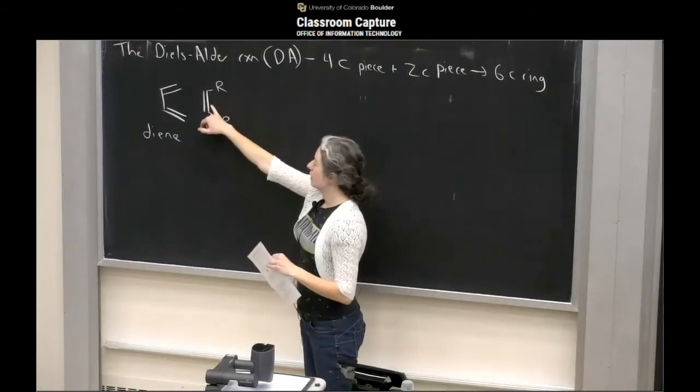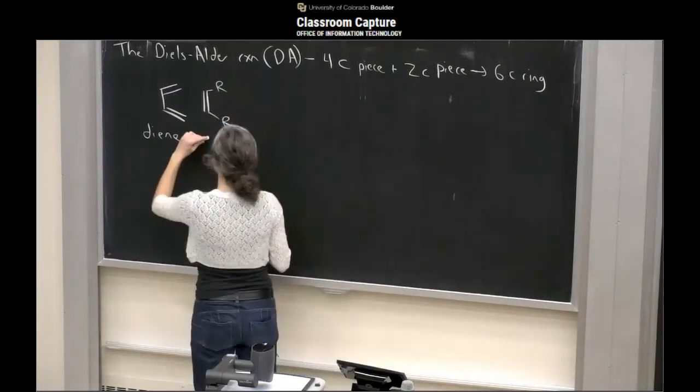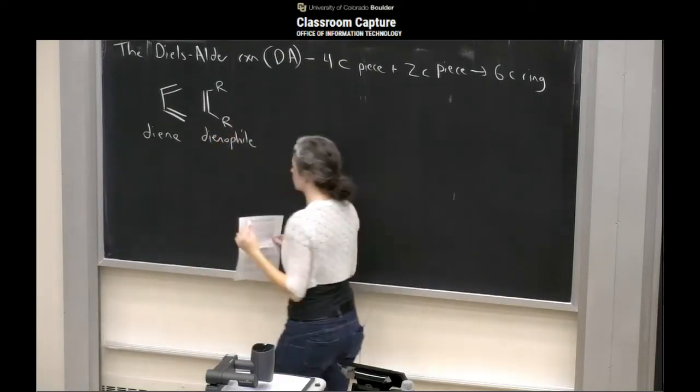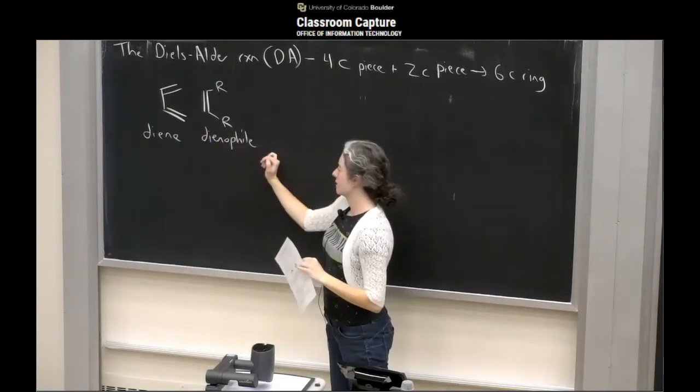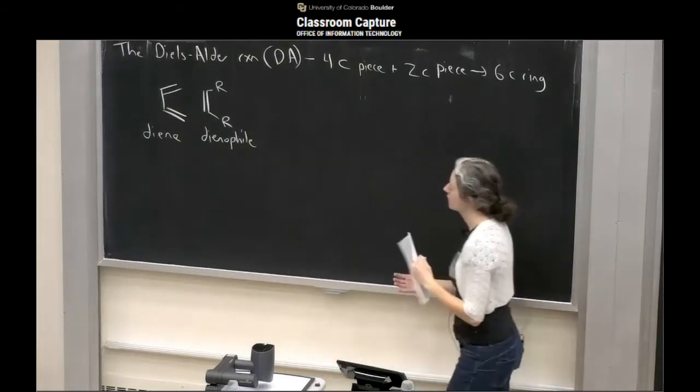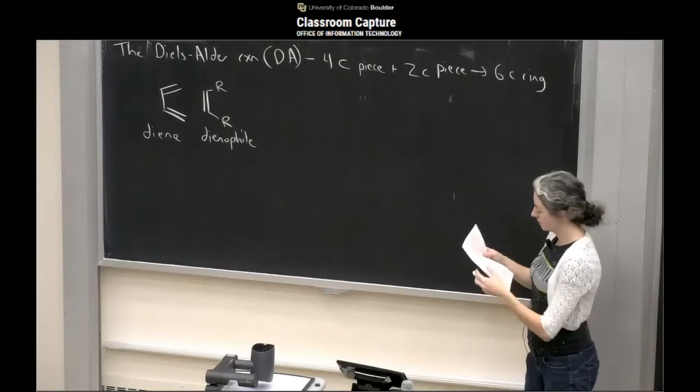But this is called a dienophile in the context of this reaction. Okay, so we've seen this kind of phrasing before, like electrophile or nucleophile. This just means something that likes dienes or reacts with dienes.